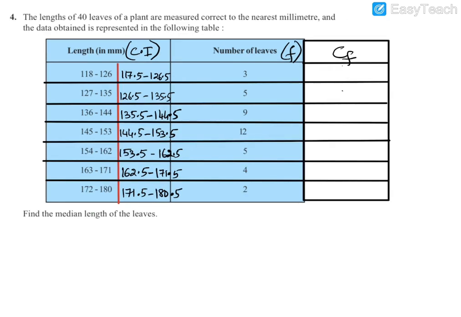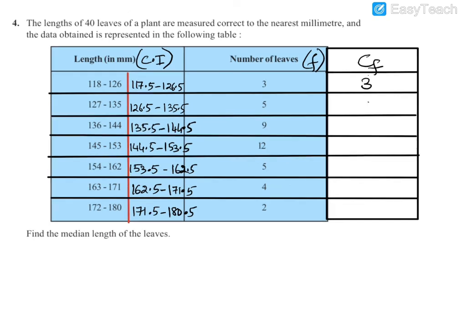Next, we will find the cumulative frequencies. Since we are finding less than cumulative frequency, the first cumulative frequency will be same as the frequency. So the first number is 3. The next number is obtained by adding 3 to 5, that is 8.